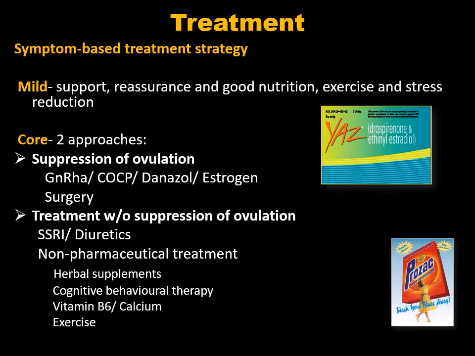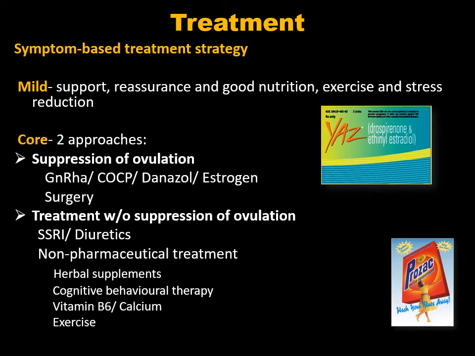Treatment is usually a symptom-based strategy. If the symptoms are mild, start with explanation, support, reassurance, good nutrition, stress reduction, and exercise. If the symptoms are affecting the patient, then we either go for suppression of ovulation, or we may use the other option to treat without suppression of ovulation.